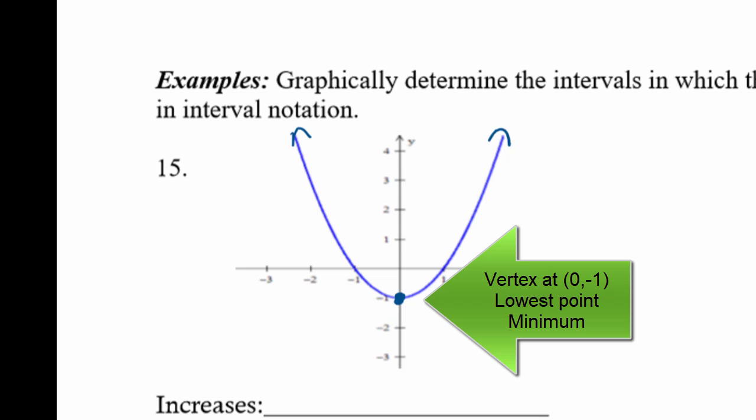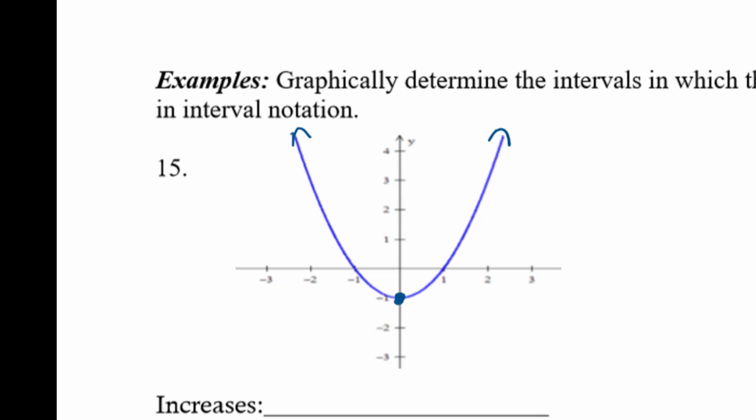So on the left-hand side of this parabola, you can see this little leg here on the left. Our x values are going to increase as we go left to right, and in this little branch of the parabola, our y values are going down. So this is decreasing behavior, isn't it?